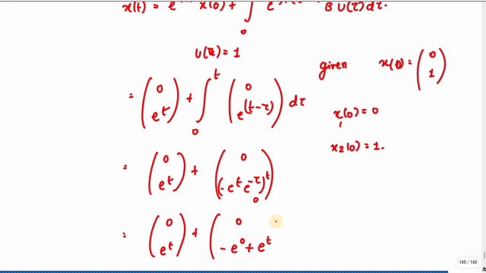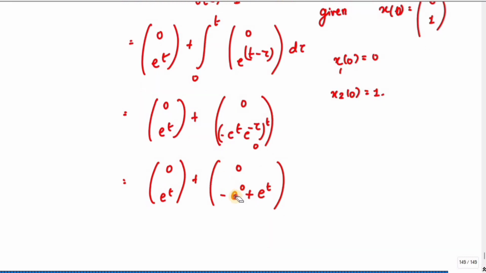So I will get minus 1 plus e power t. Okay, so if you add this one, I will get 0 minus 1 plus 2 into e power t is your answer. So here from the options I can write B is 0 and 1. So if you write 0 and 1, you get the same answer.